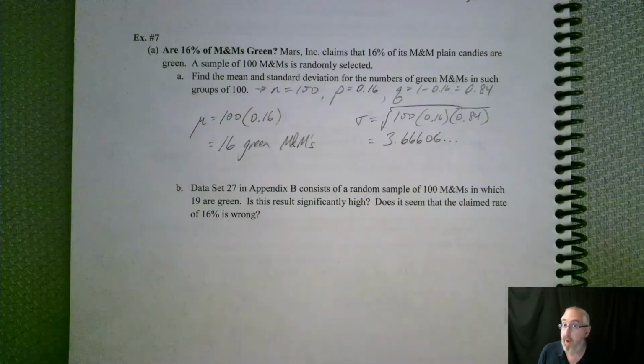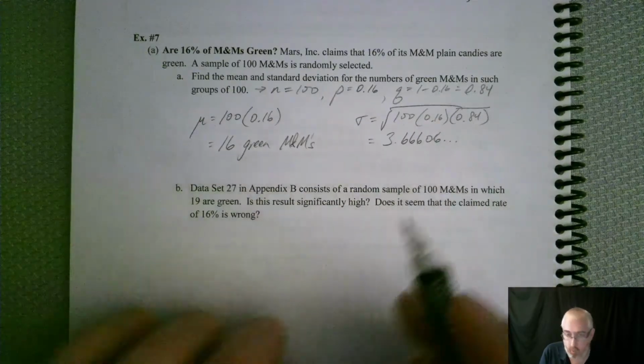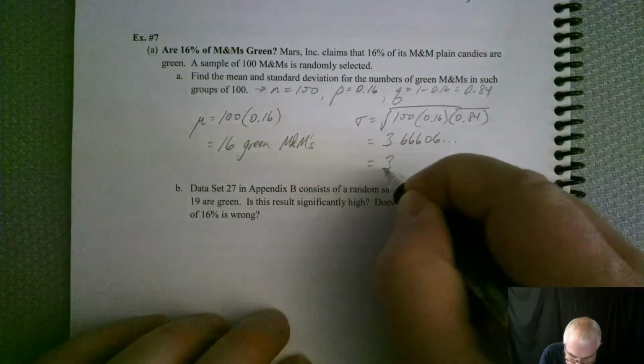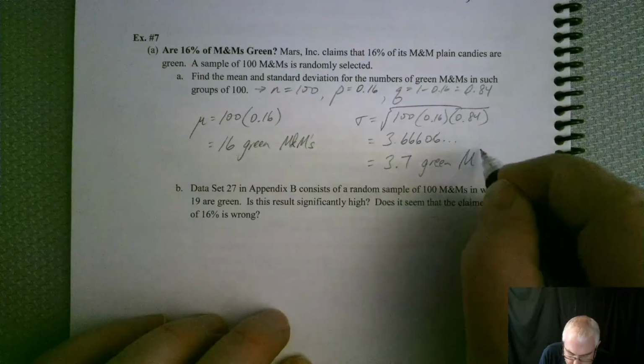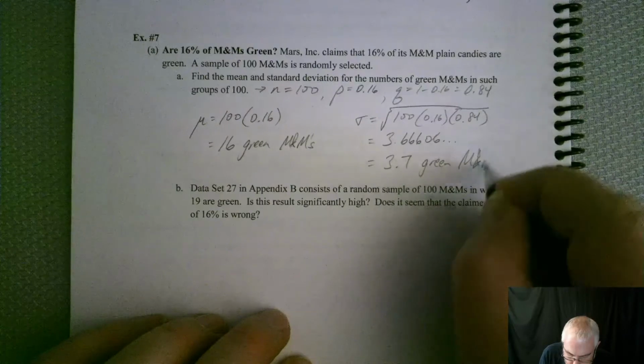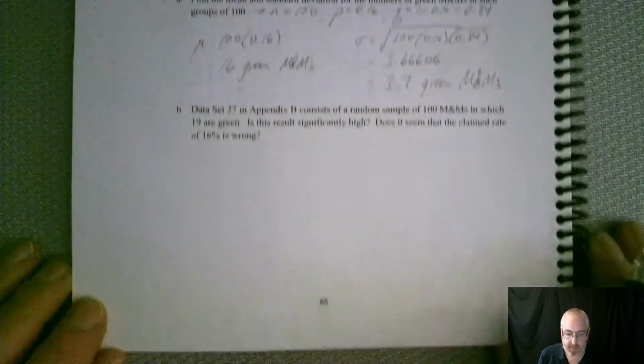All right, rounding, one decimal place, so 3.7 green M&Ms. All right, let's see what the second part wants.